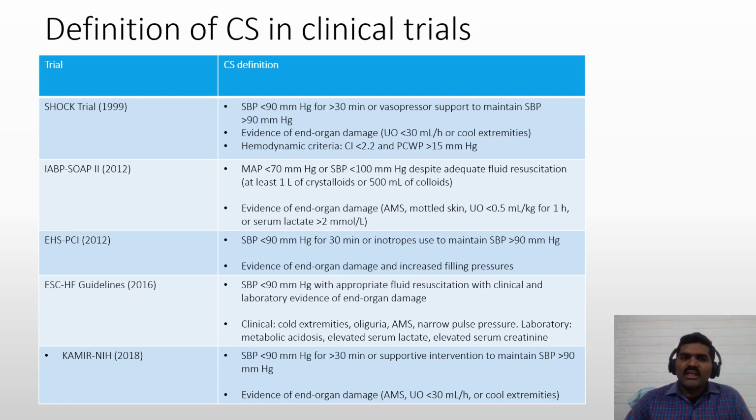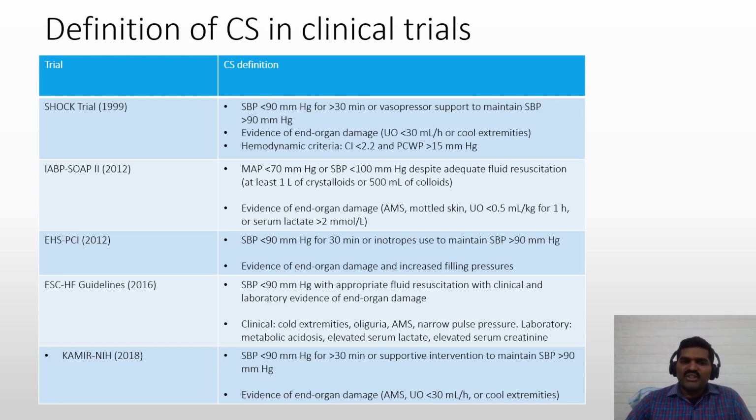The EHS-PCI trial, again done in 2012, defined cardiogenic shock as SBP less than 90 millimeters of mercury for at least 30 minutes, or inotropes used to maintain SBP greater than 90 millimeters of mercury, and also evidence of end organ damage and increased filling pressures.